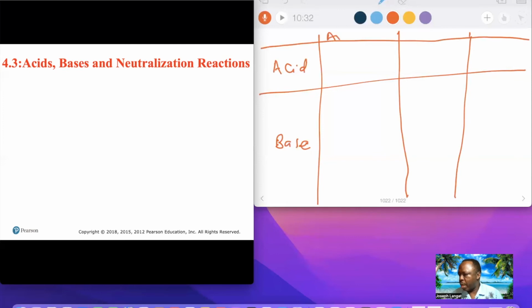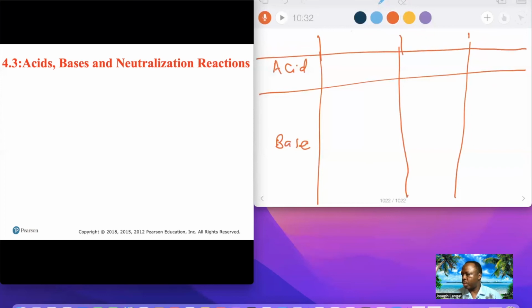There is Arrhenius, and then two guys, Bronsted, Lowry. Maybe you cannot see that. I'm just going to erase this and have it somewhere here so that you see clearly their names.